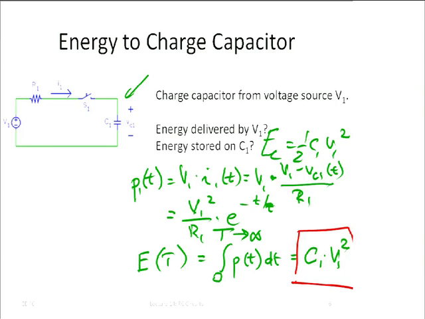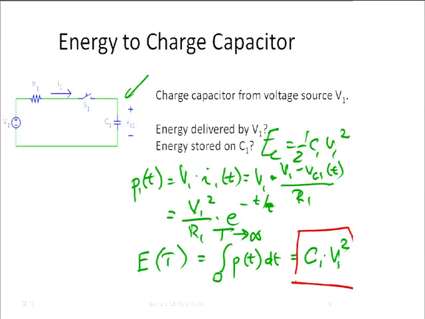But now this tells us the energy delivered by the source is larger than the energy we have at the end on our capacitor. How much larger? Exactly twice as much.